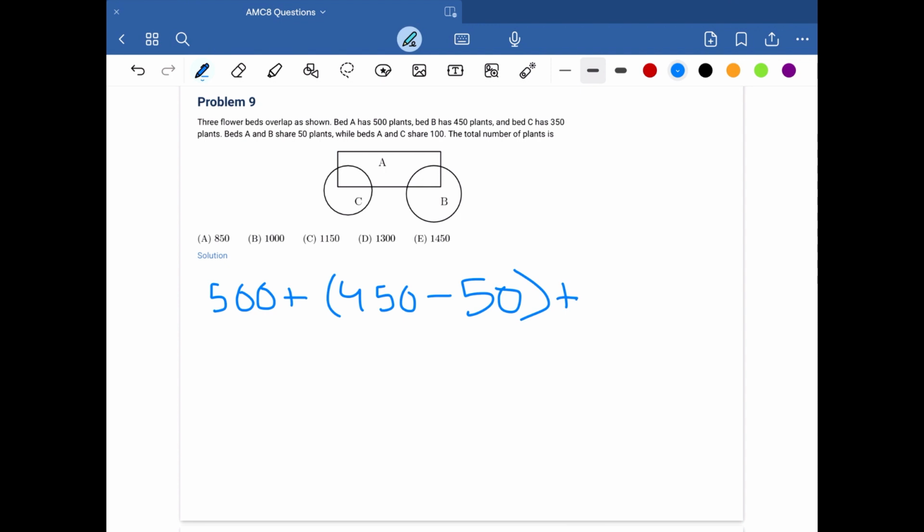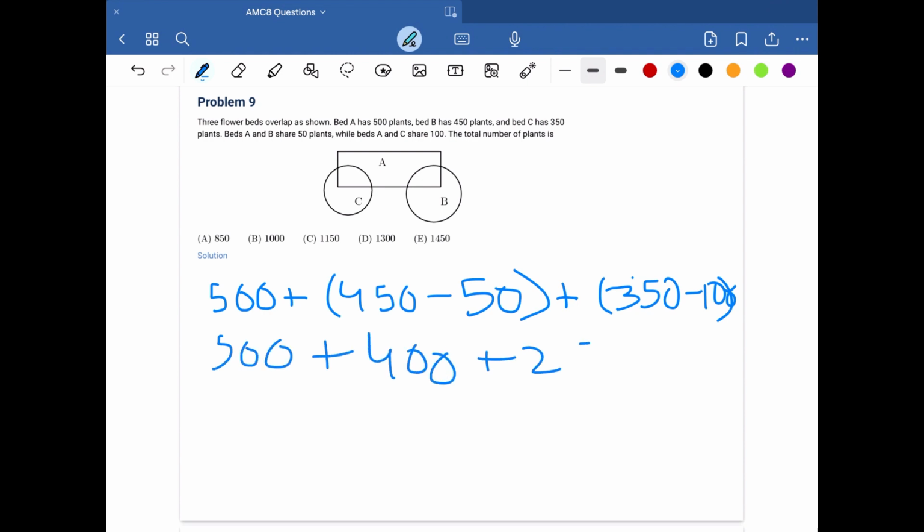And same thing for bed C, except it's not 50 plants, it's 100 plants. So it's 350 minus 100. That would be 500 plus 400 plus 250, which is 1,150. Our answer is C. Let's move on.